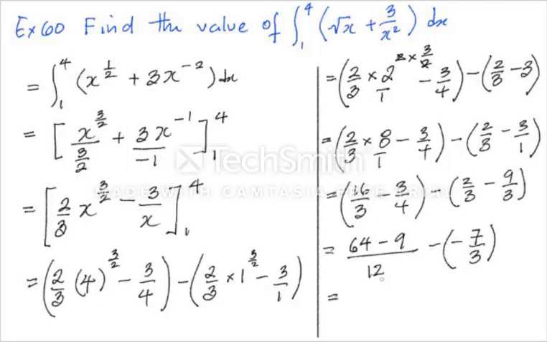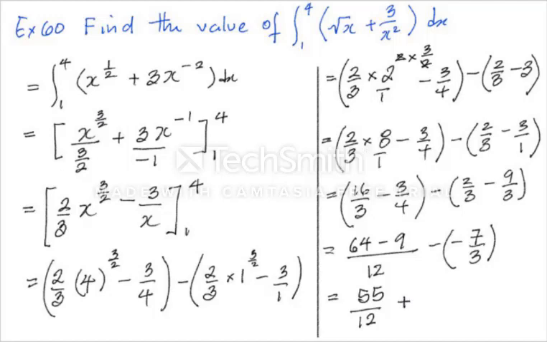So this would become 55 over 12 minus 7, sorry, negative times a negative is a positive.